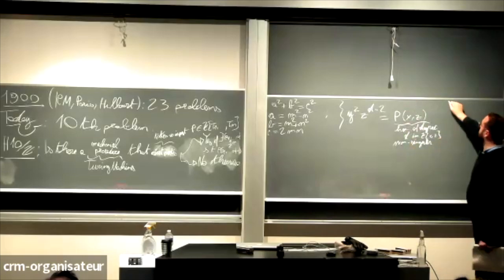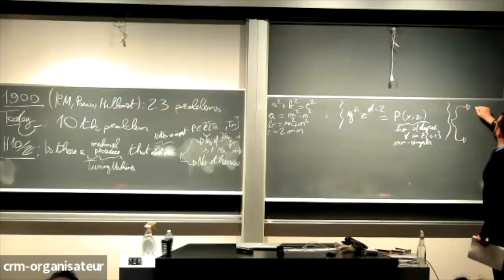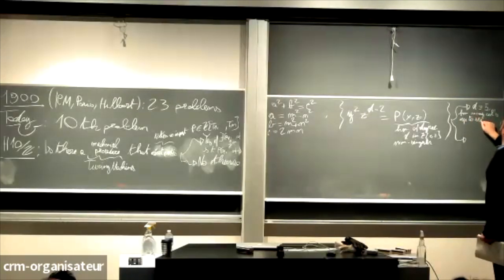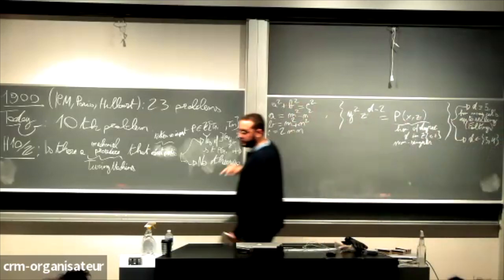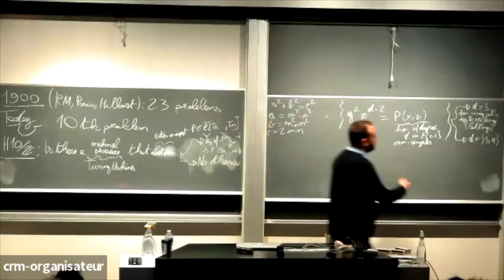This is a homogeneous equation of degree d, and here there is already a dichotomy: if d is at least 5, you have finitely many solutions up to scaling. You can always scale a solution because it's homogeneous. This is a deep theorem of Faltings. The case d is 3 or 4 is an edge case which lives between this parameterized world and the world of finiteness, and it's an object that will come later in the talk.